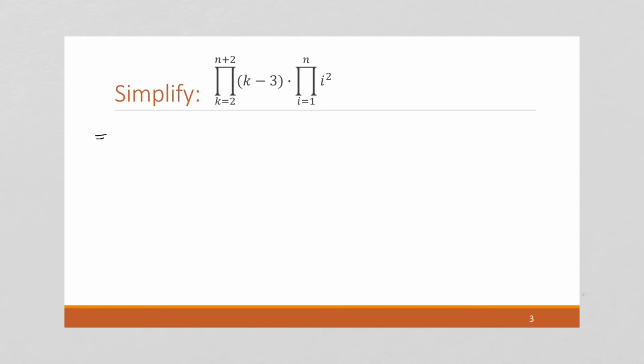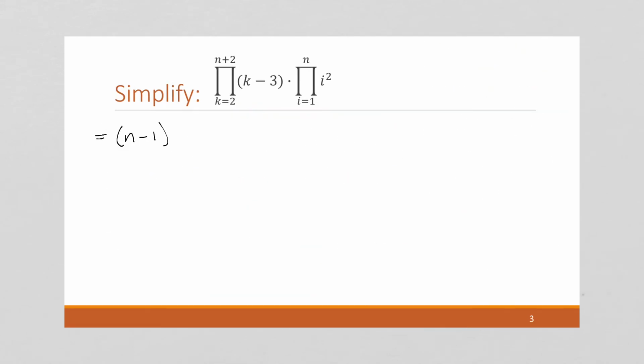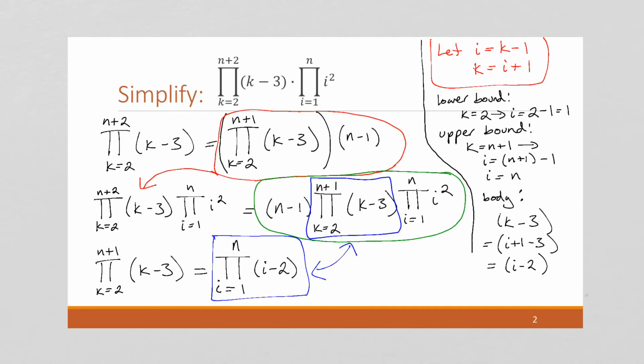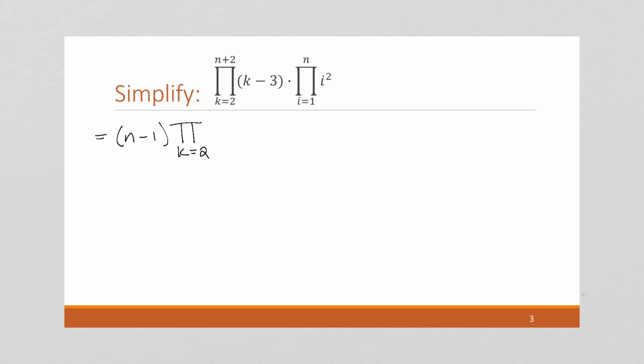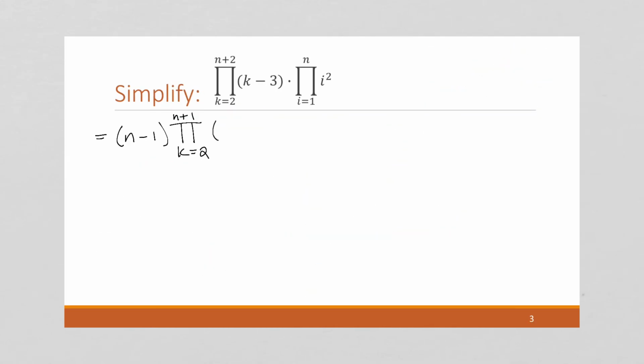Okay, so we've got that this is equal to n minus 1 times the product, k equals 2 to n plus 1 of k minus 3, times the product i equals 1 to n of i squared.